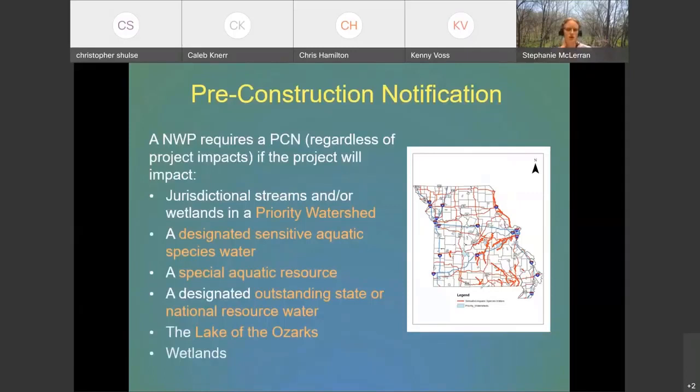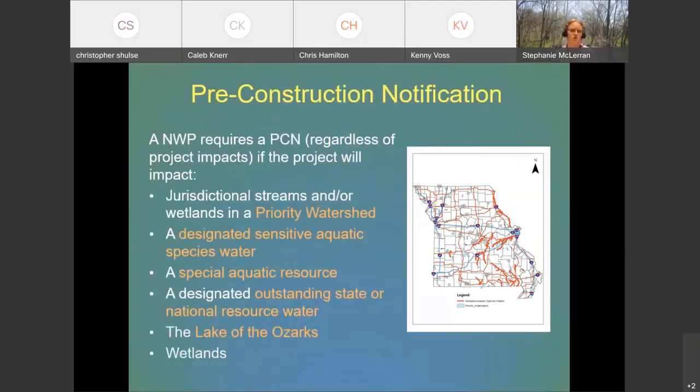So I've been talking about this pre-construction notification and the different thresholds that require one. There are also some other triggers for a PCN, even if you're not meeting the threshold. Let's say you're at a stream, you've got less than 1/10 acre of impacts, and there are no wetland impacts. Well, if it falls under one of these categories, a PCN would still be needed.